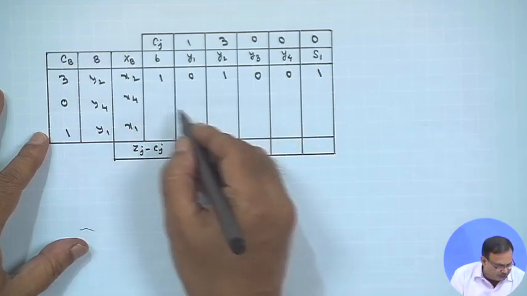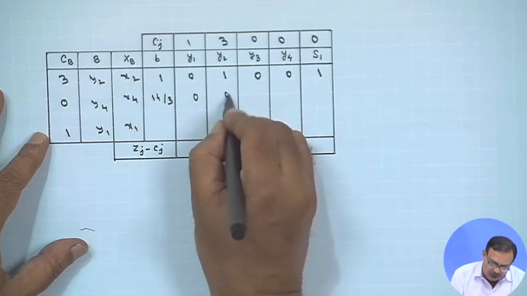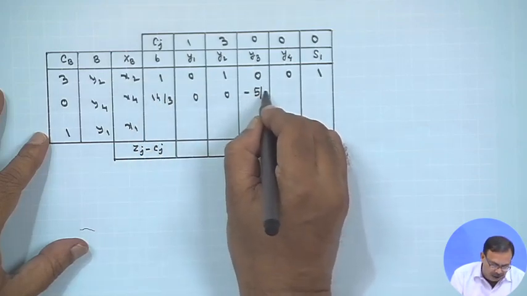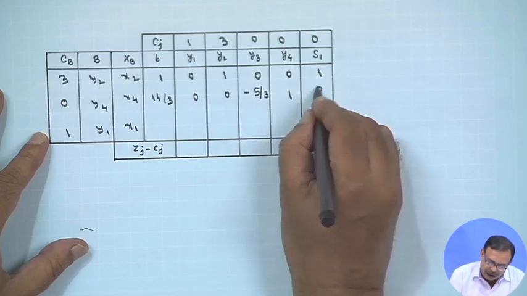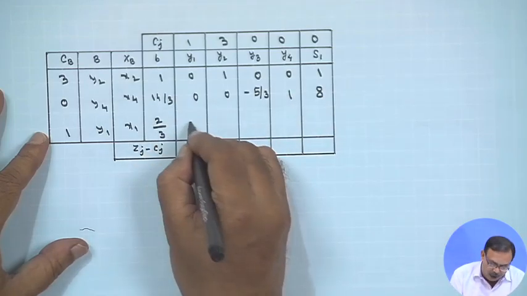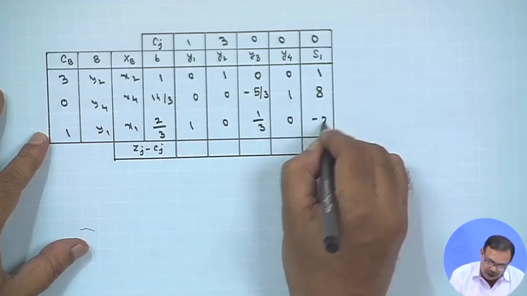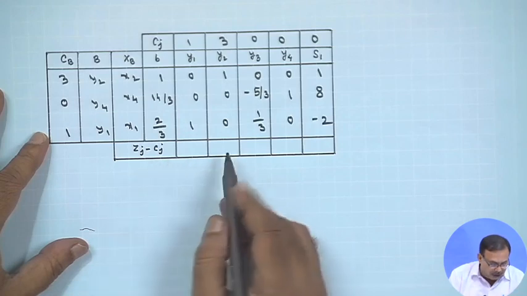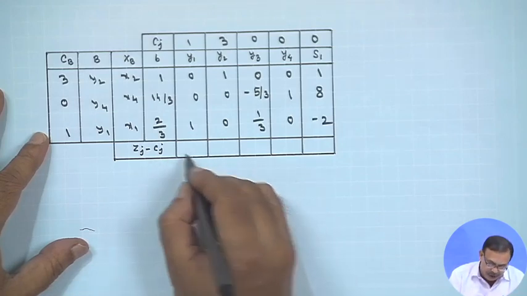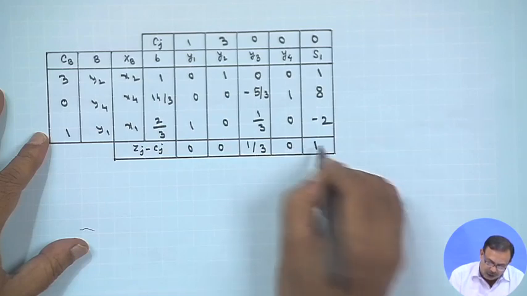Then there will be 14 by 3, 0, 0, minus 5 by 3, 1 and 8. It will come as 2/3, 1, 0, 1/3, 0 and minus 2. Calculate the Zj minus Cj, it will be 0, 0, 1/3, 0 and 1.